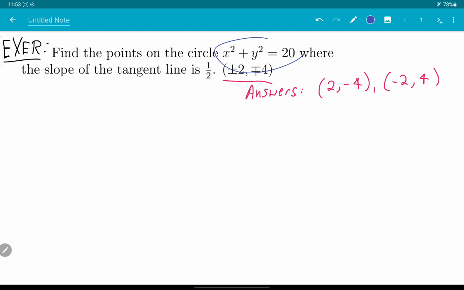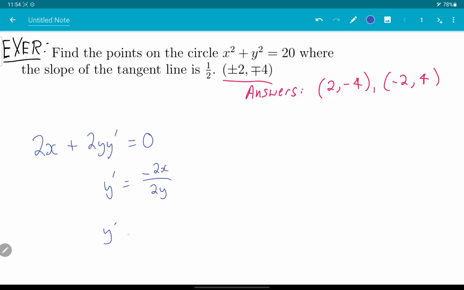Take a derivative of both sides. Get 2x plus 2y y prime is 0. And I get to solve for y prime, I get minus 2x over 2y.